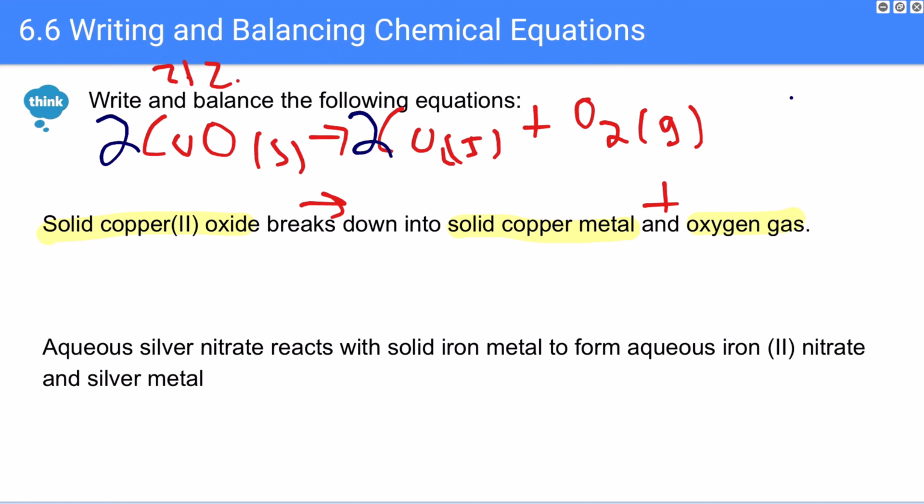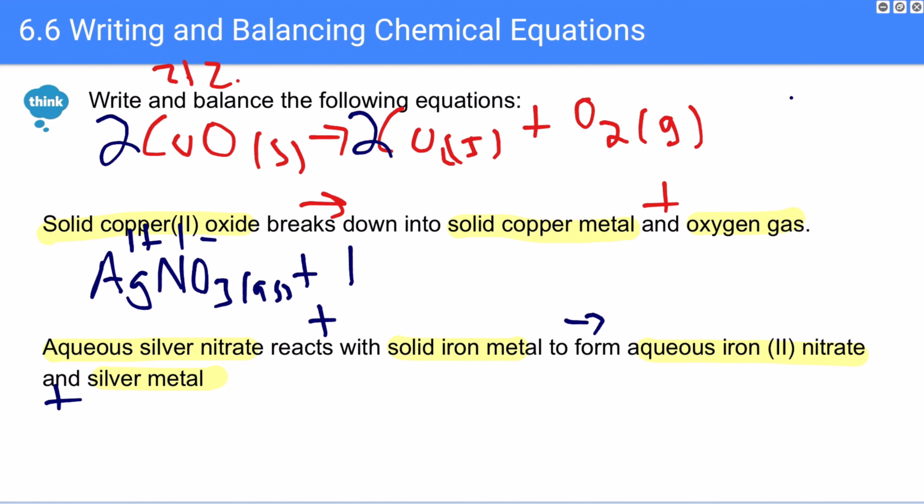We have aqueous silver nitrate reacts with solid iron metal to form aqueous iron nitrate and silver metal. And again, we break down what reacts with is our plus sign, to form is our arrow, and and is our plus sign. So same steps as we've done before. So silver nitrate, AgNO3. Again, check your charges.